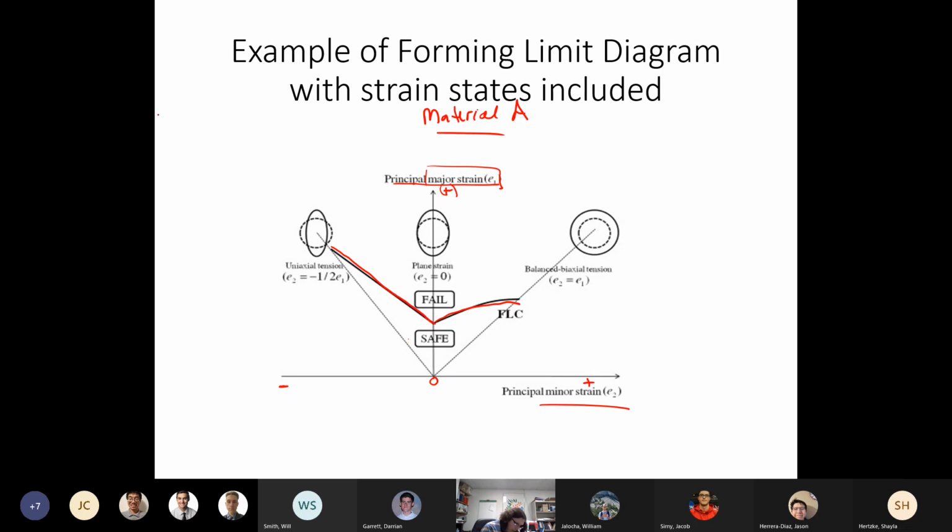And if you're thinking, wow, how do we get these numbers? Where do these come from? We deform the material in various tests, and we look for the strain state at the failure point.